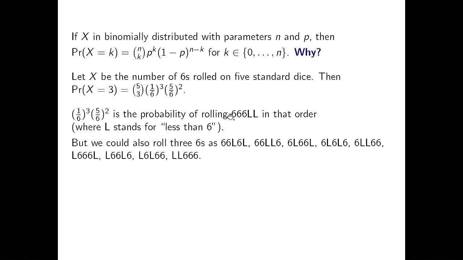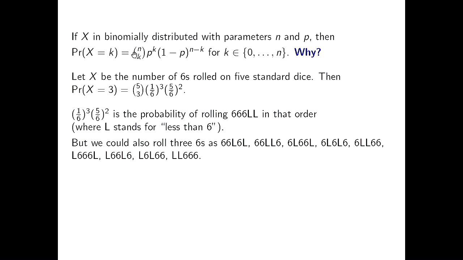And we could do that in lots of different ways. Here they are: 6, 6, less than 6, 6, less than 6, and so on. I hope I've got them all there. Now, how many of those ways are there? Well, we've got to pick 3 of our rolls to get 6s on out of 5 rolls total. The number of ways to do that is 5 choose 3. And so that's why we have this factor of 5 choose 3, and that's why our formula comes out as that.